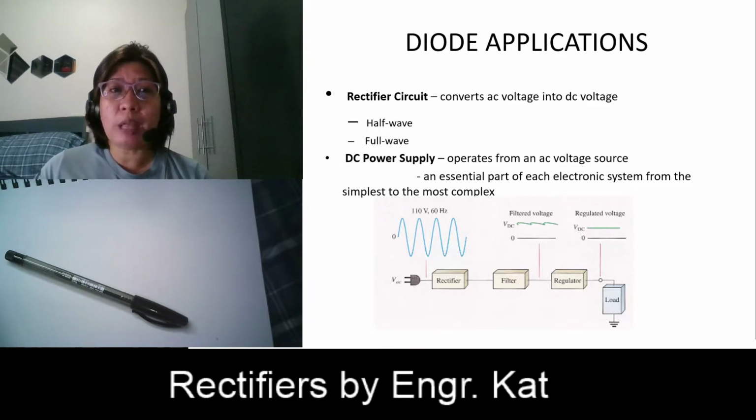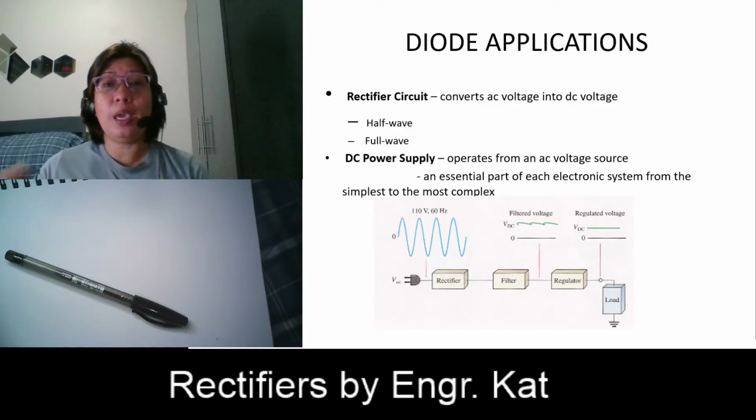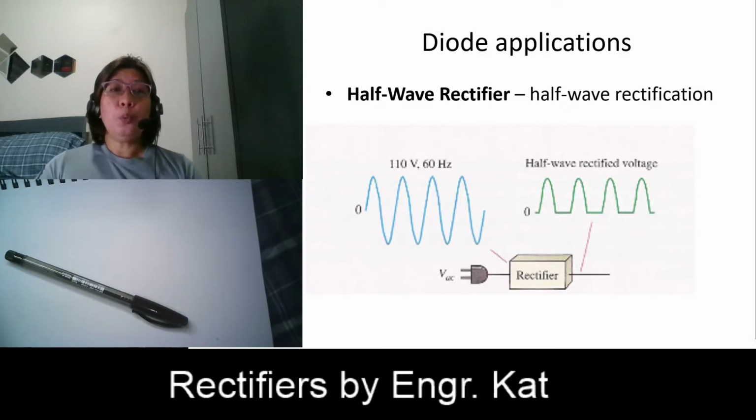With respect to time, its value is constant, unlike our sine wave or our AC signal, where as time progresses, the value changes continuously. And then what will appear at the load is your regulated voltage. So we will be starting with the half-wave rectifier.